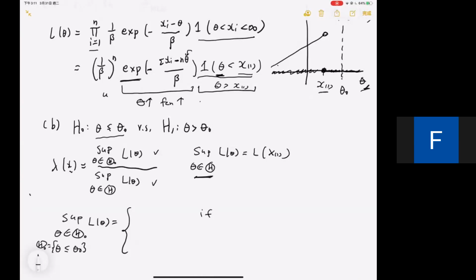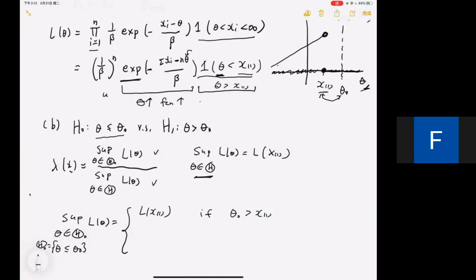If this is theta naught, that means if your theta naught is bigger than x1 right here, okay? So if theta naught is bigger than x1, the whole function is still maximized at x1.